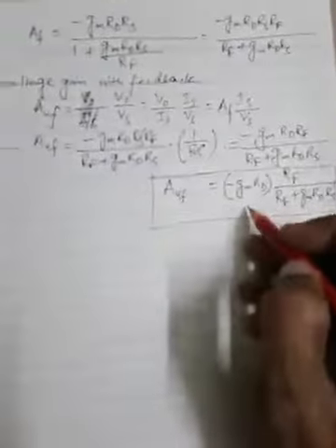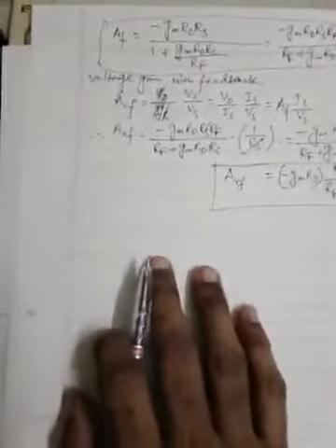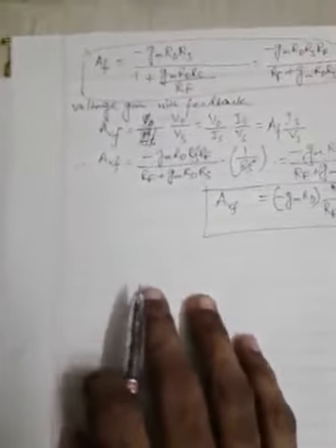So in this case, this is the voltage gain with feedback, and this was the normal gain with feedback, that means the gain for the transresistance amplifier.